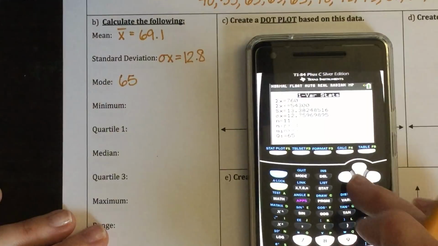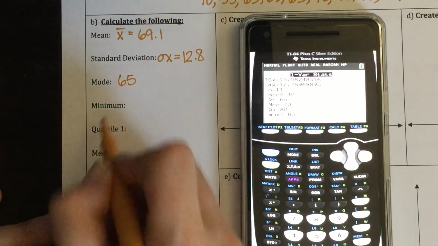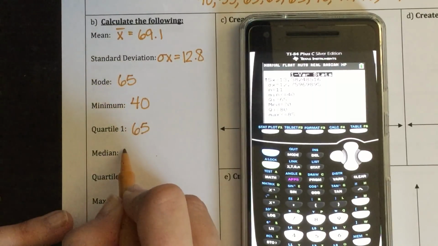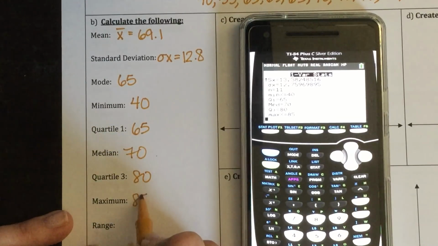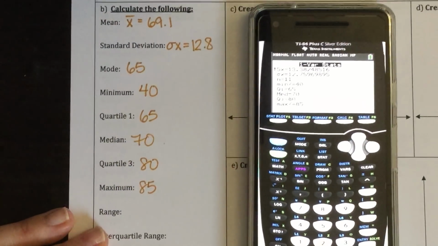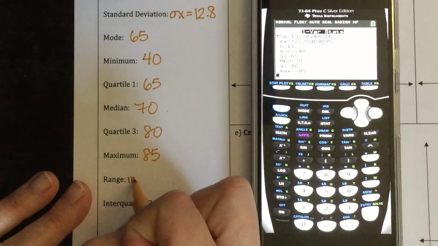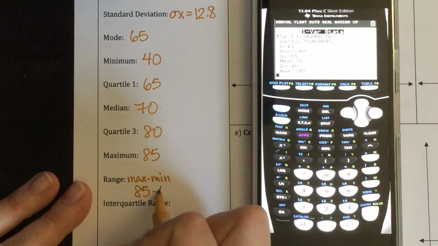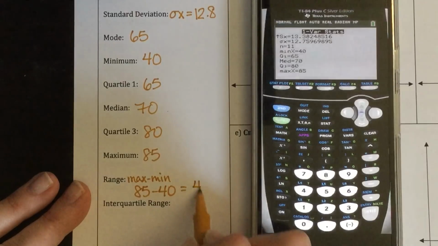All right, and then I go back to my calculator, and I'm going for my 5-number summary. So I've got 40. Q1 is 65. Median is 70. Q3 is 80. And maximum is 85. Okay. Remember, the range is the max minus the min, which is 85 minus 40, so I've got a range of 45.